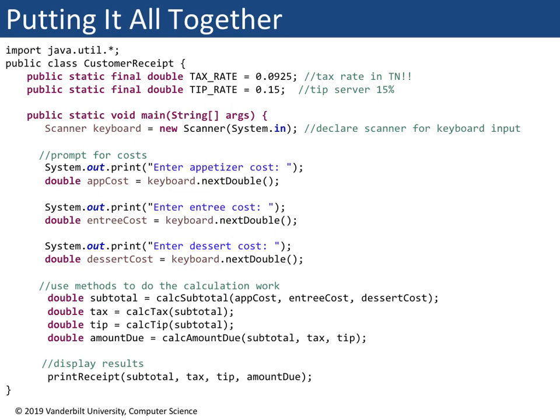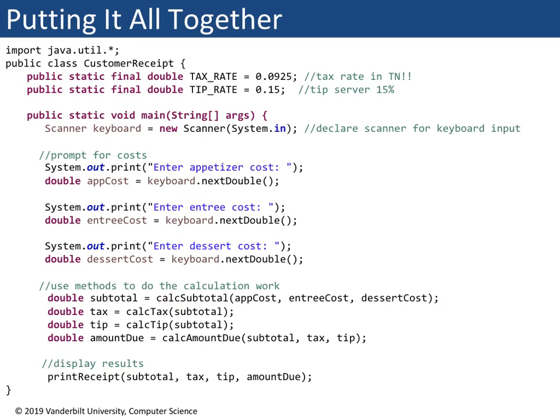So we will now use the methods that we have devised to do the calculation work. First of all, we have a variable declared that is a double called subtotal, and we are assigning it the results of the calc subtotal method. So remember, anytime you have an assignment, you're going to evaluate the expression to the right of the assignment operator first.